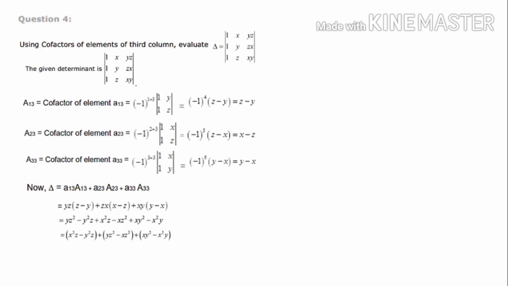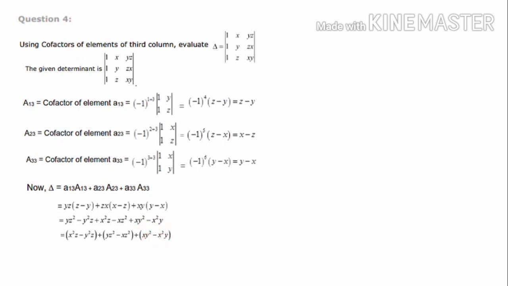While regrouping, x square z and y square z are taken together. So x square z minus y square z plus yz square minus xz square, plus xy square minus x square y are kept together.